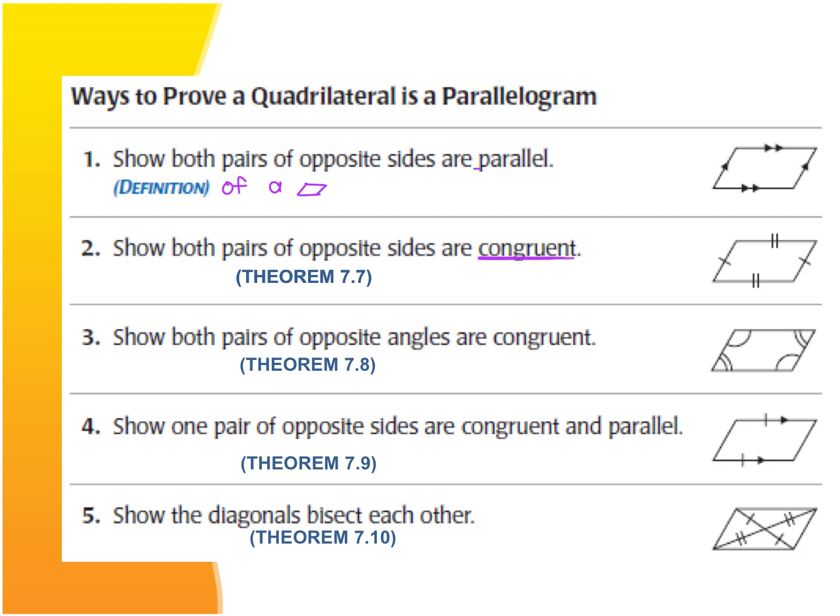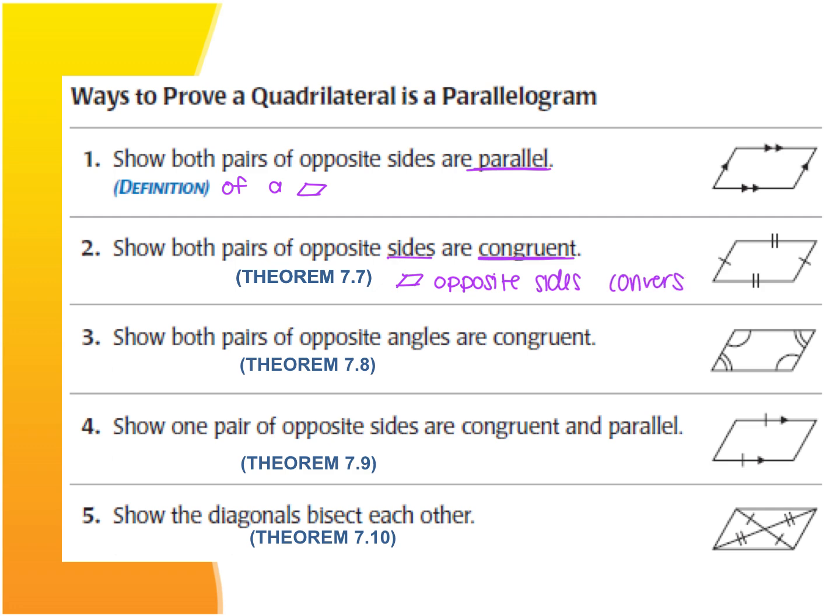This one says congruent, the other says parallel. If they're parallel, it's the definition. If it says that they're congruent, this is parallelogram, opposite sides, converse.